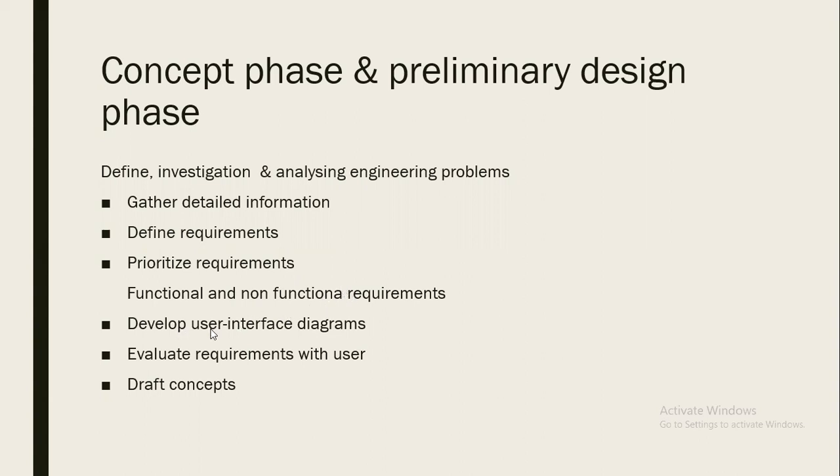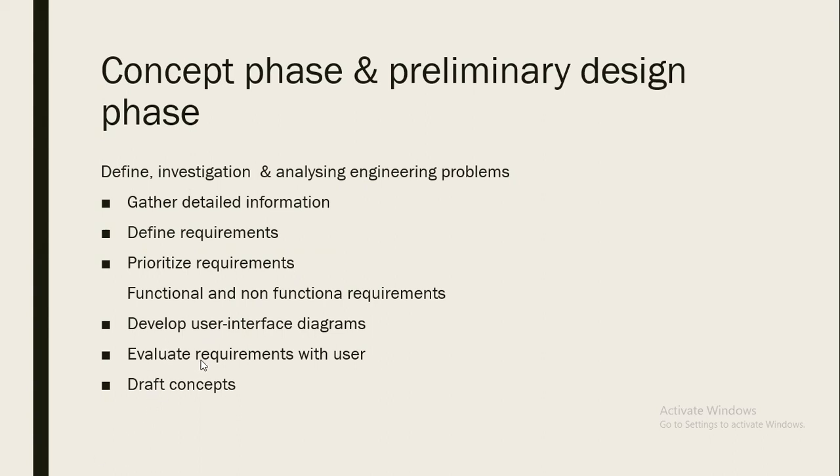Then we will develop user interface diagrams, which shows how the other functions talk to the other functions. And also we will be showing other things like how the different stakeholders integrate.